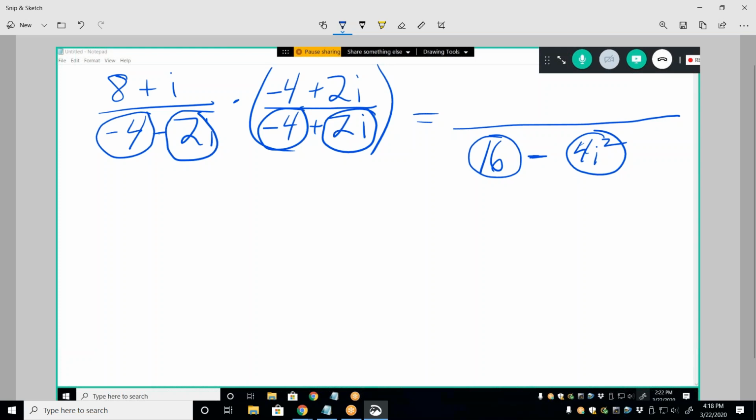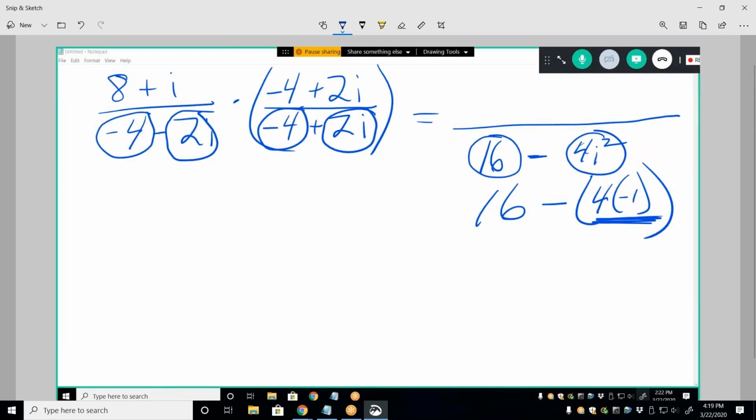So it's 16 minus 4 minus 1. Give me a minus number. 3. 16 minus 3. Okay, it's 16 minus 4 times minus 1, right? Do that. Start from the inside always.